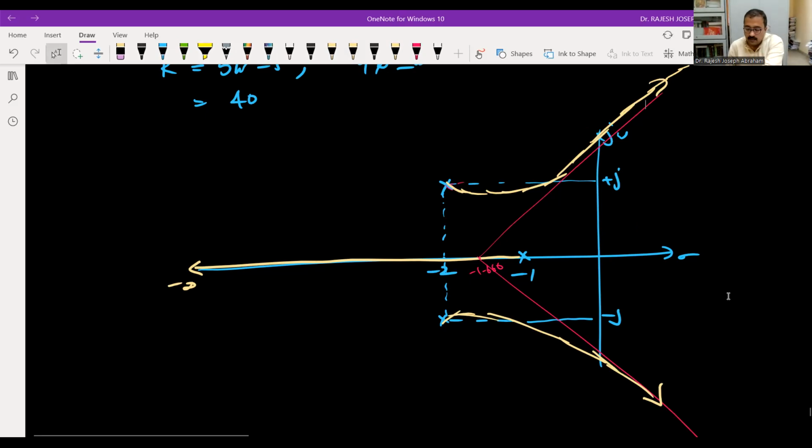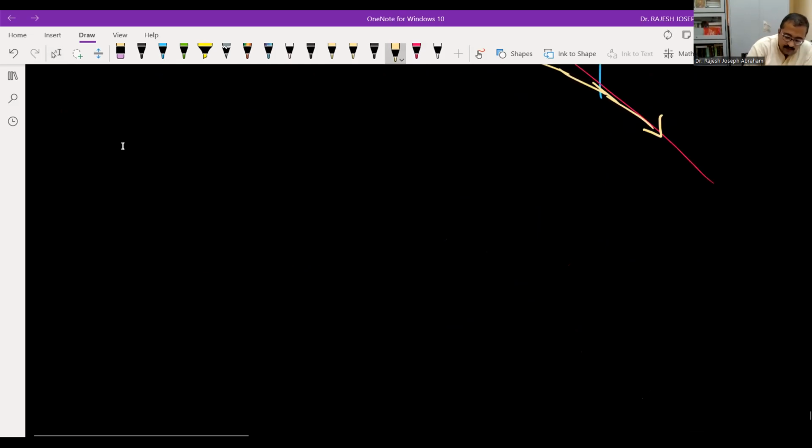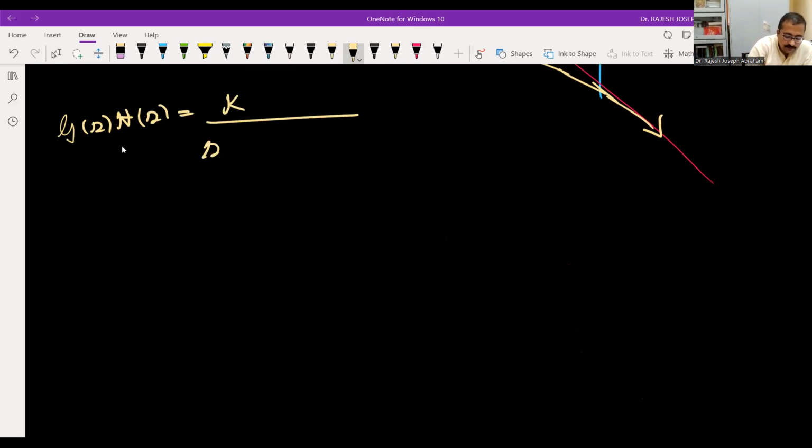Okay, let's take another example. G(s)H(s) equals K divided by s square plus 10s plus 100.